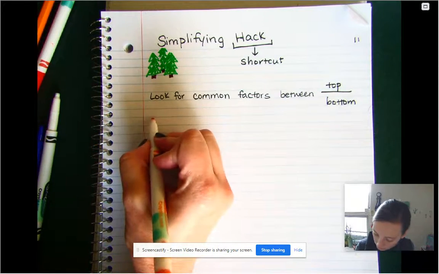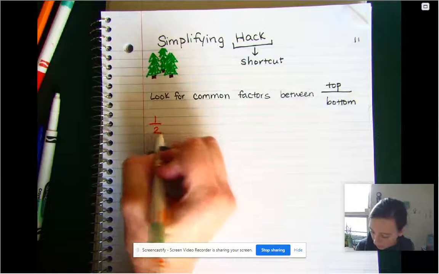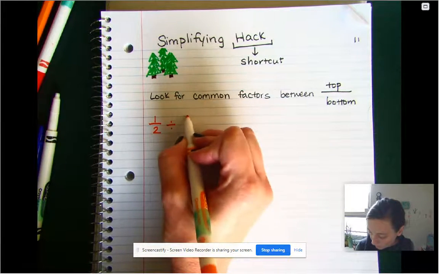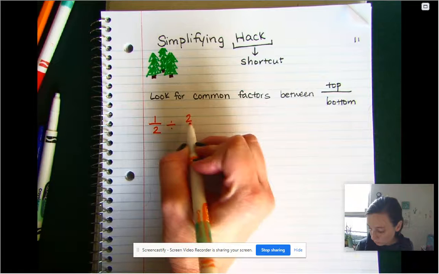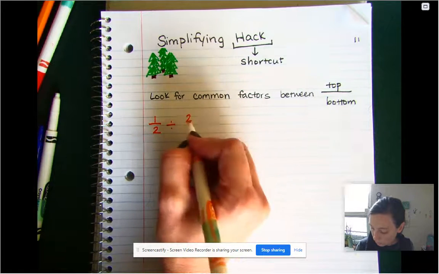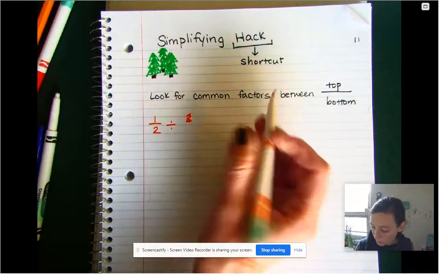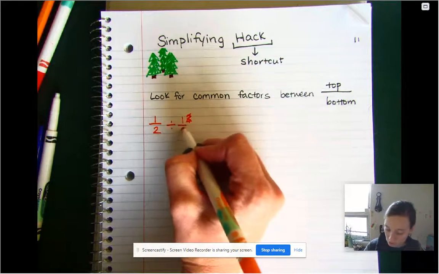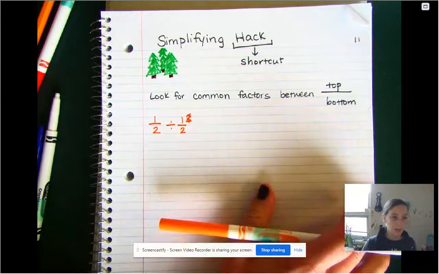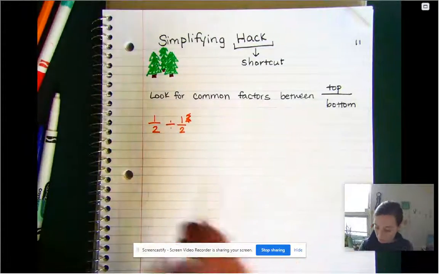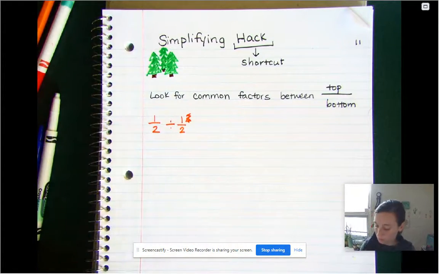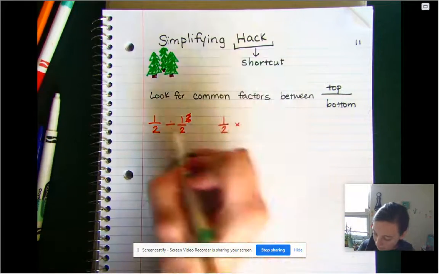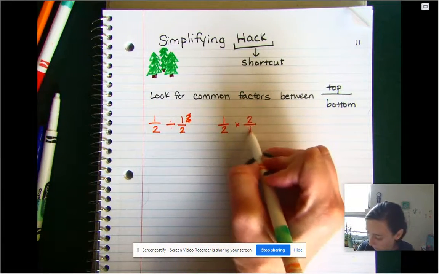Let's say we're going to do 1/2 divided by 1/2. We'll just call that good. 1/2 divided by 1/2. I am going to keep the first number, but I'm going to multiply by the reciprocal of the second number.